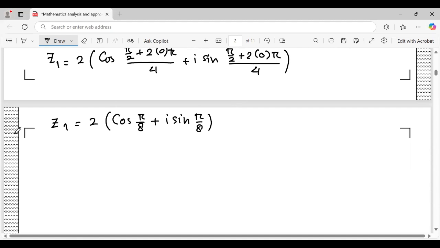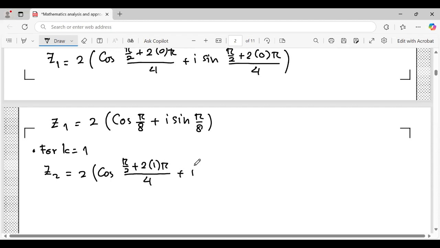Continuing to z2, for k equals 1, z2 equals 2 times cosine of pi over 2 plus 2 times 1 times pi over 4, plus i sine of the same.